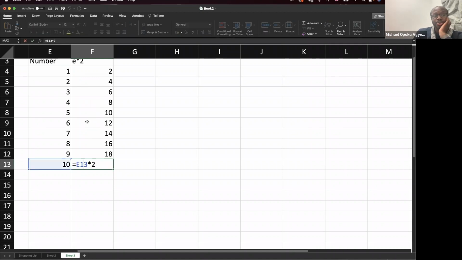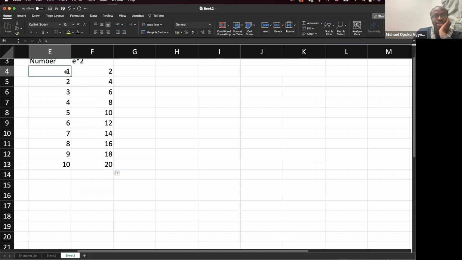When we dragged it down using autocomplete, you notice that it's using a reference. It used E4 as a reference, then went to the next one, so it just kept updating itself. We don't want that value to change. We want to keep only E4 even when we do updating. What formula should I use?